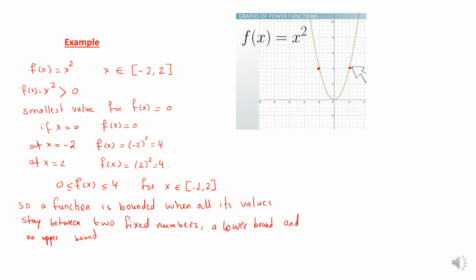So if you look at the graph for x between -2 and 2, f of x will remain between y equals 0 and y equals 4, or f of x equals 0 and f of x equals 4. It will be bounded between these two real numbers, 0 and 4.